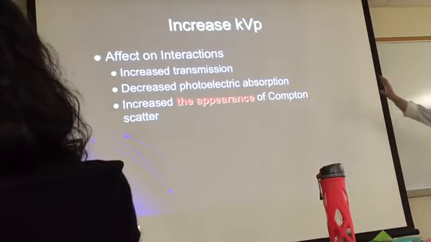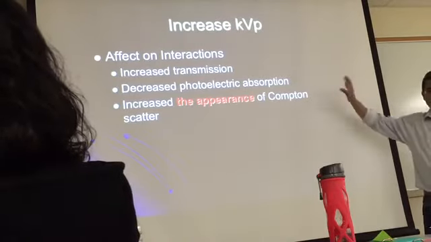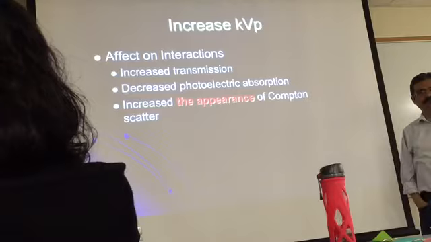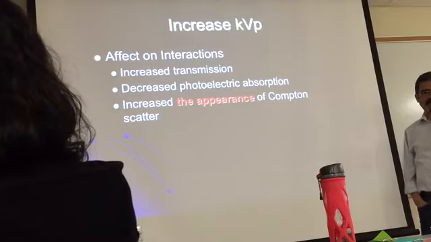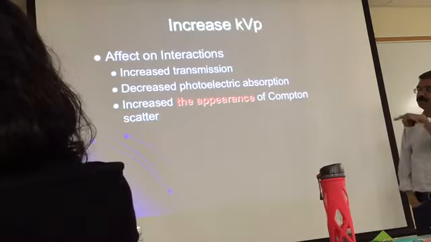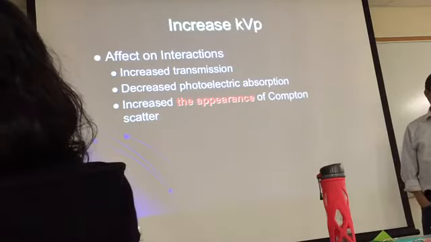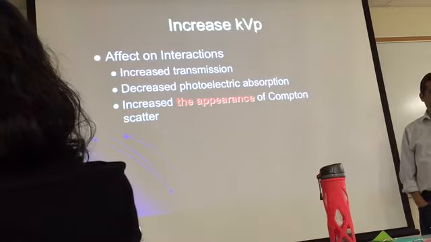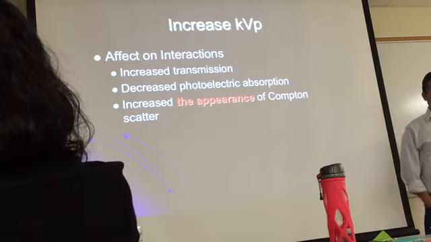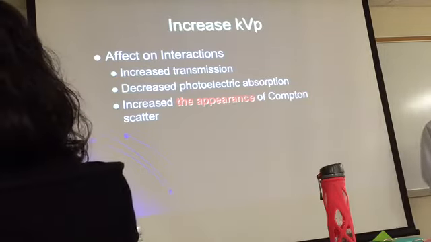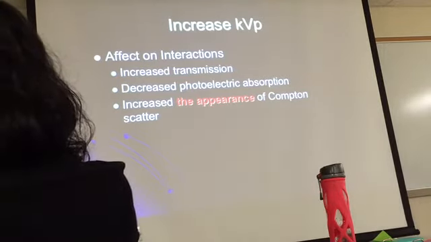Pretty simple, but it can be confusing if you don't think about it. Even your textbook will tell you when you increase KVP, you increase Compton. That is a mistake. When you see that, cross that off. Carlton makes that mistake a couple of times. Not Bushel, Carlton does.